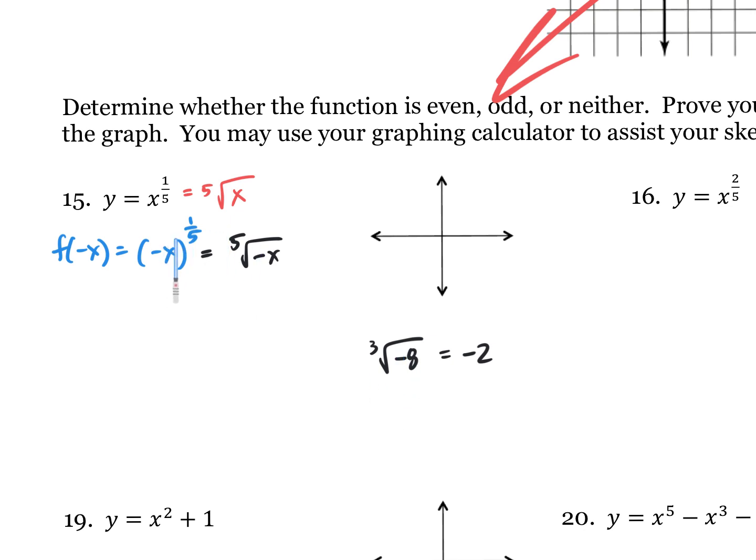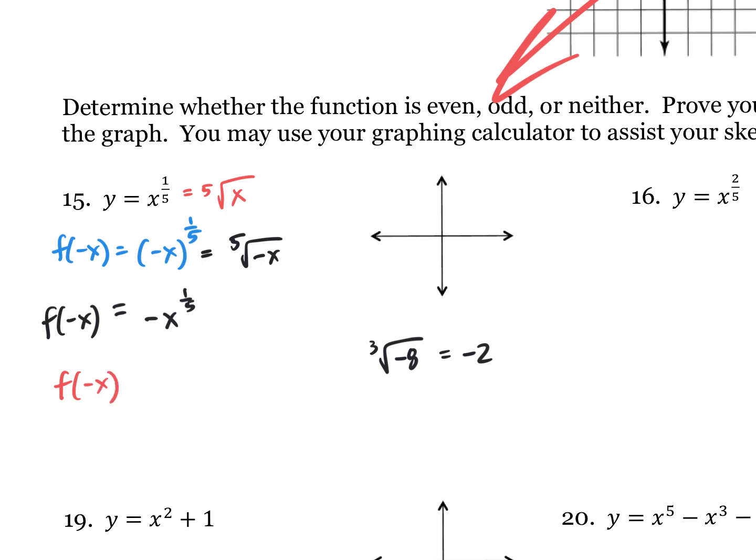So what do you think this would simplify to? The 5th root of a negative is going to be that negative x. Agreed. So this ends with negative x to the 1/5. Did I get what I started with? No. Did I get the opposite? Yes.